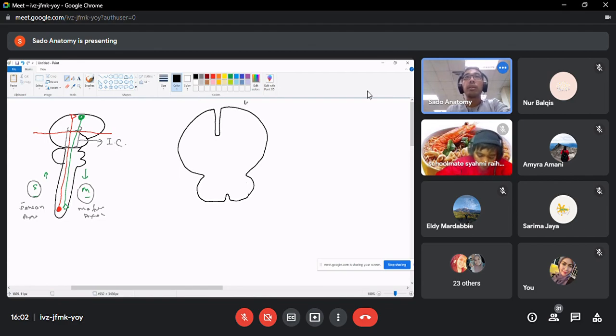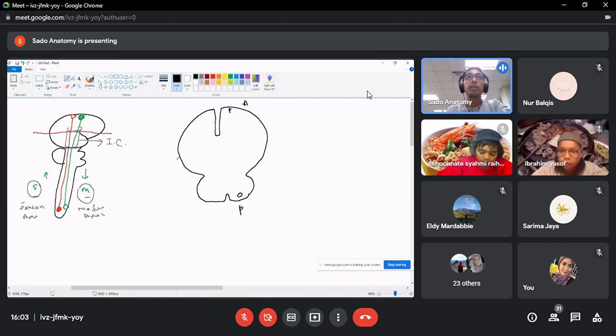This is anterior, this is posterior. You can imagine this is the frontal lobe and posteriorly this is your occipital lobe, and laterally the temporal lobes.